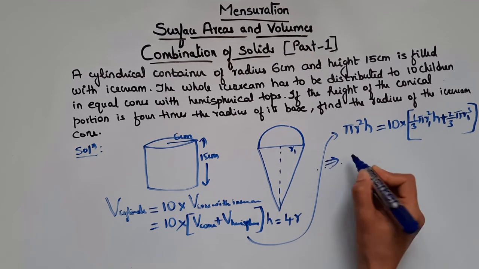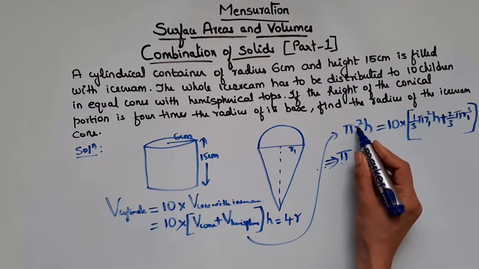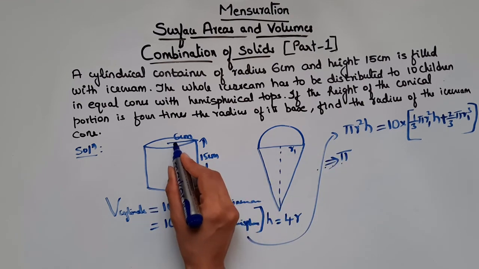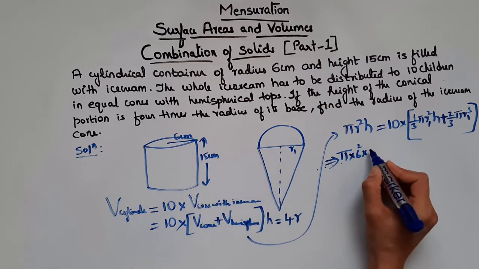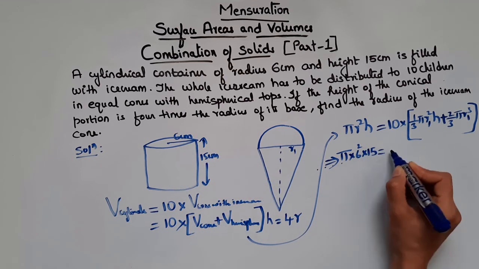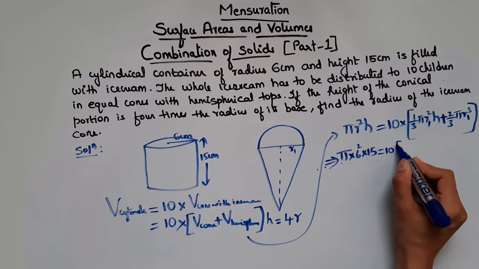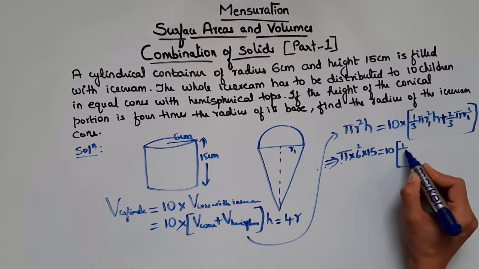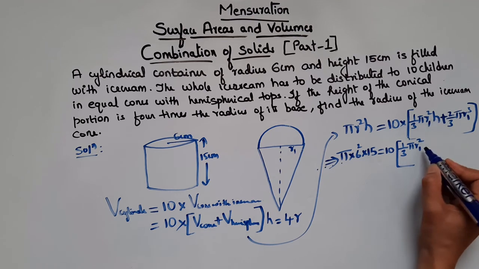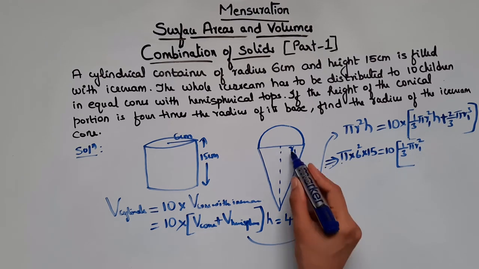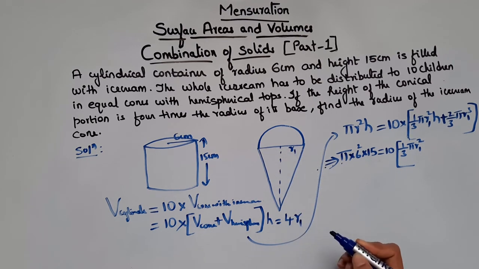So this implies pi into, what is r? R is the radius of the cylinder. So radius is 6. So 6 square into height of the cylinder is 15, right? Which is equal to 10 into 1 by 3 pi r1 square. What is h? H is 4r. Here r is not, we have taken r1, right? So this is 4r1.